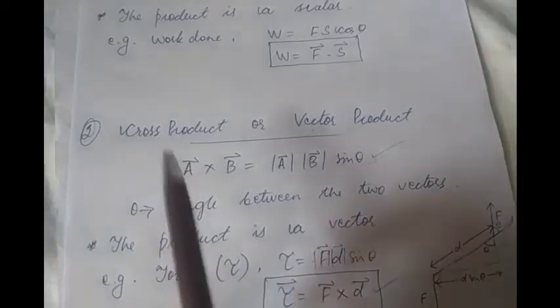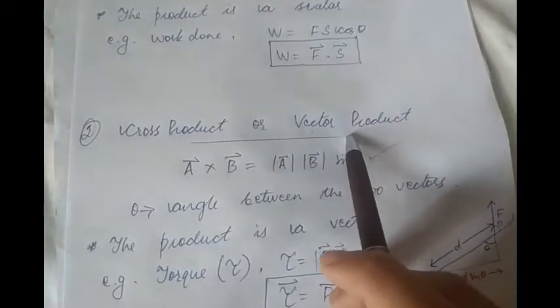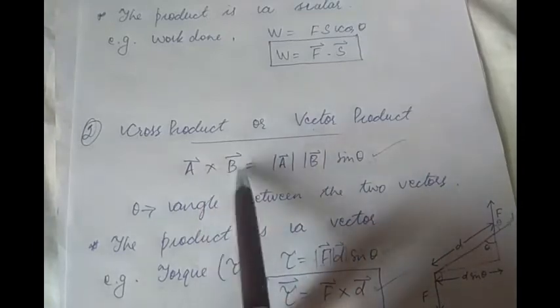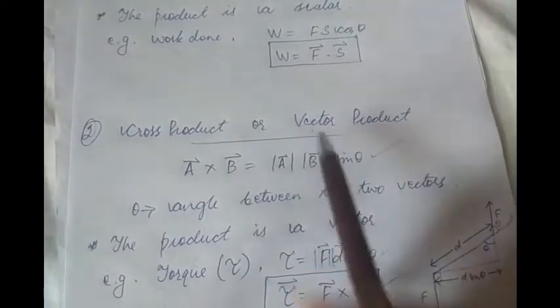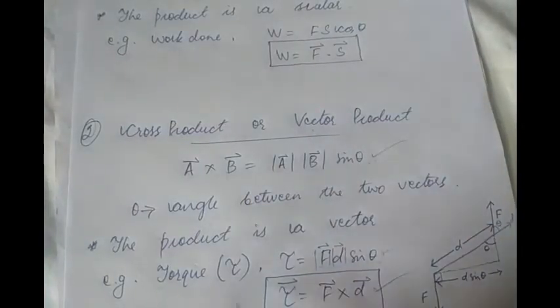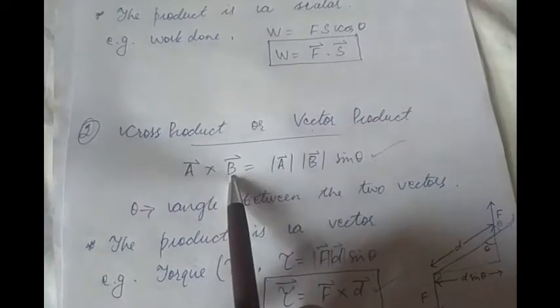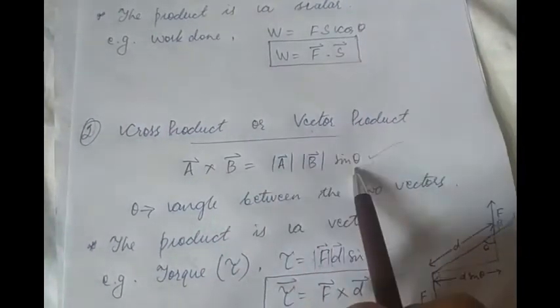Now talking about cross product, or vector product, as you can see in the name itself, the cross product of two vectors, or could be more than two vectors, is always a vector, remember that. Here I have shown it for two vectors. So a cross b will give us ab sin theta.